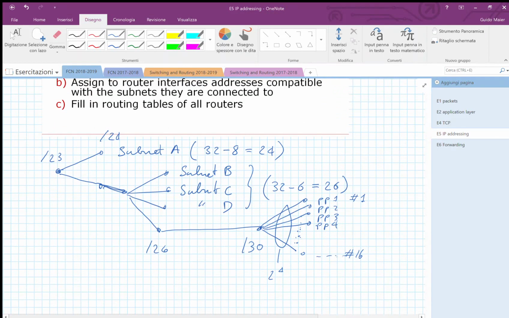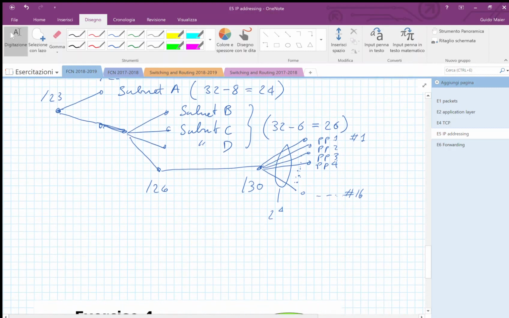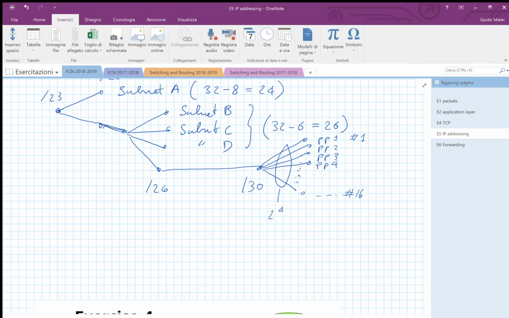Now we have to define the addresses of each subnet. So we have, let me increase the space.